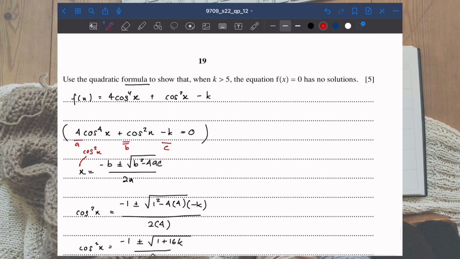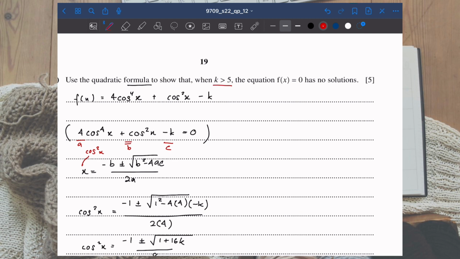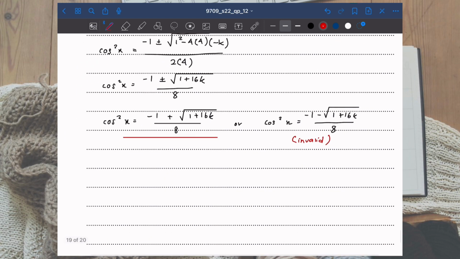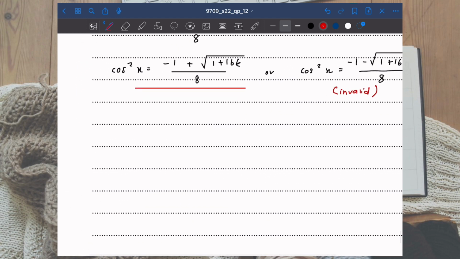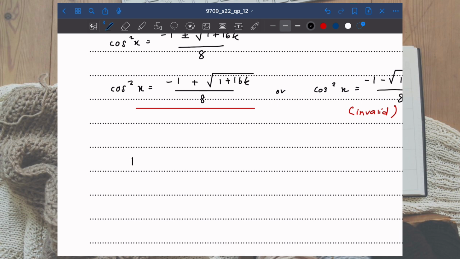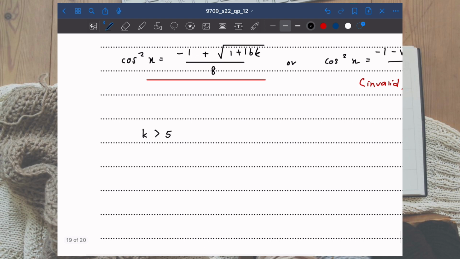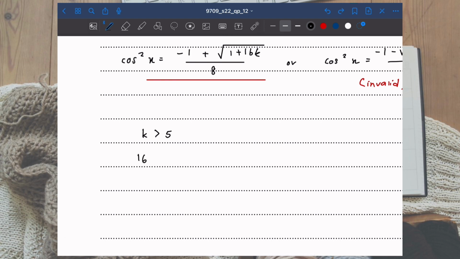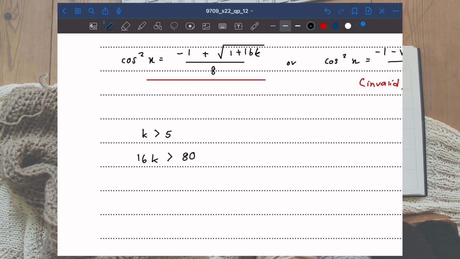So earlier in the question, it says when k is more than 5, the equation has no solutions. So we can try to do this by side comparison. So k is more than 5. 16k will be more than 80, then 1 plus 16k will be more than 80 plus 1.